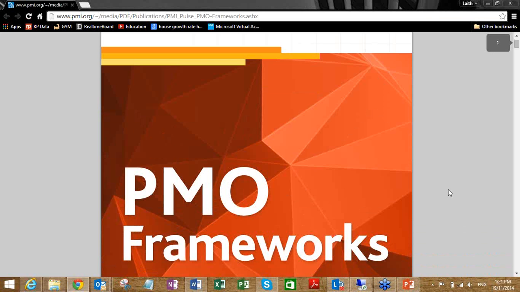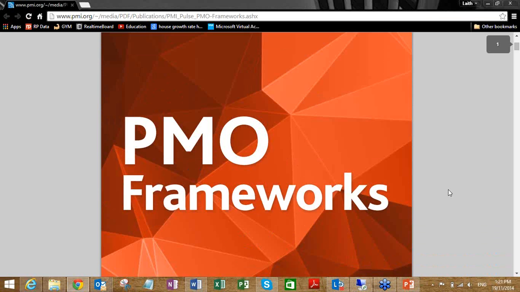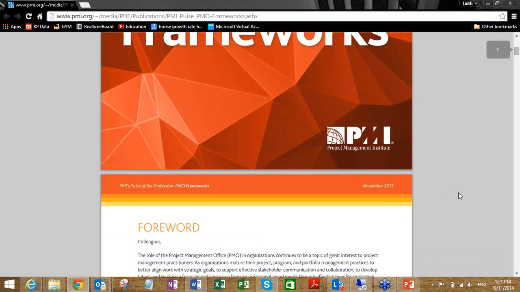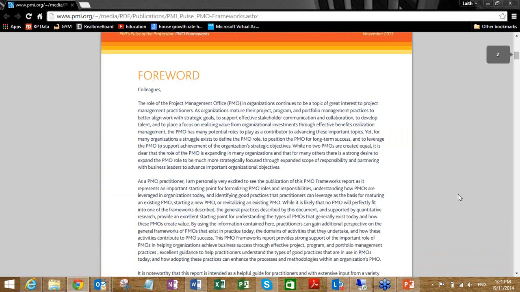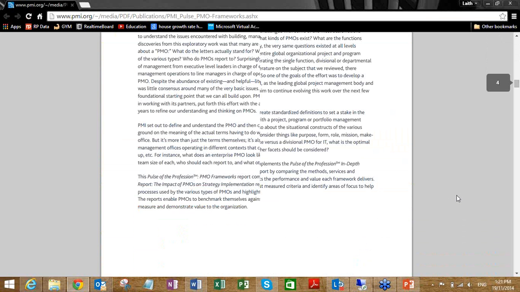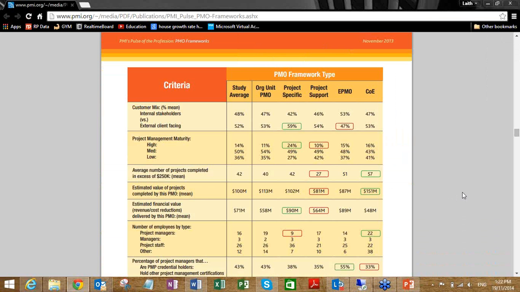So, look, I'm not going to go through it. I've just put it there as a useful link, if you guys are interested to read. But one of the interesting bits of this document is the one that I'm going to scroll to. Yeah, there. So basically, it maps certain criteria against the PMO framework type.